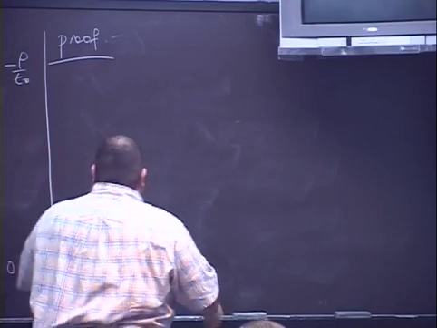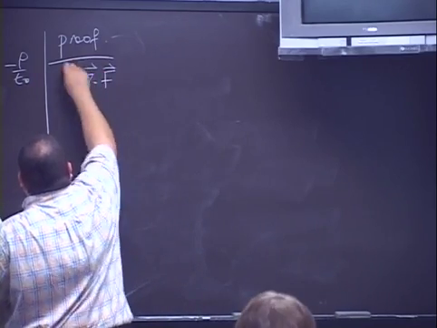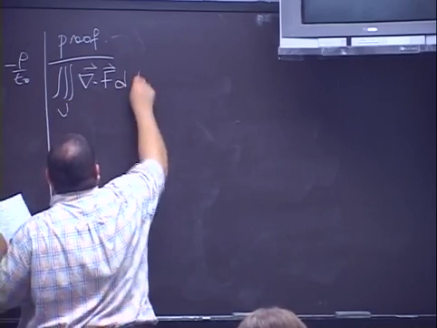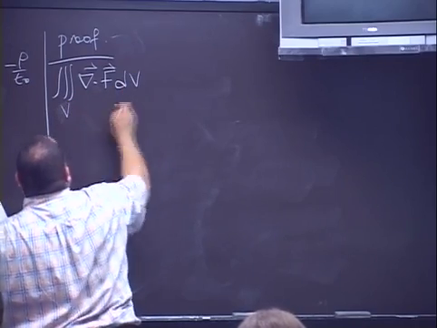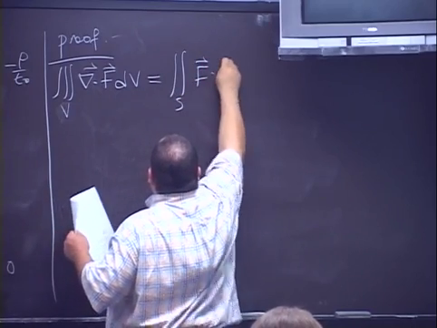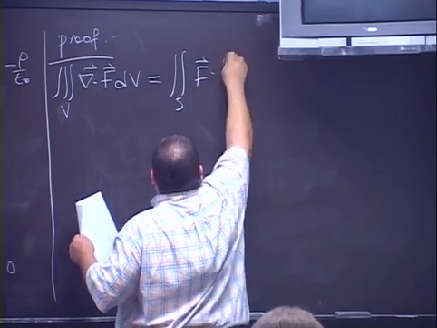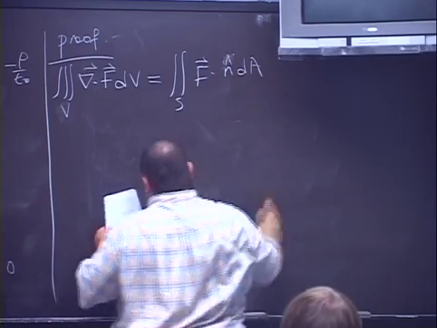So you can use either this one or look at the book and use the one in the book. So divergence of F integrated over a volume dV is equal to the surface integration of F dot n hat dA.